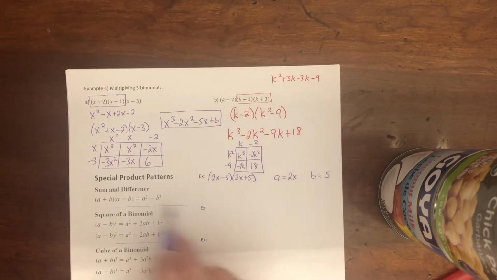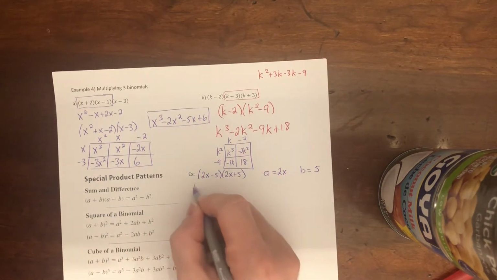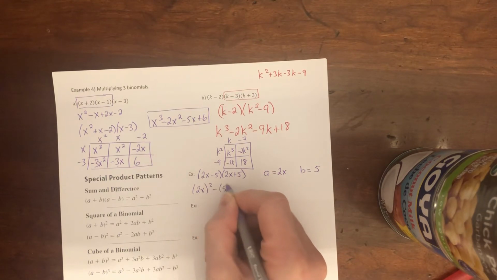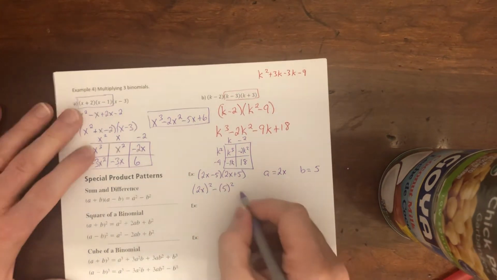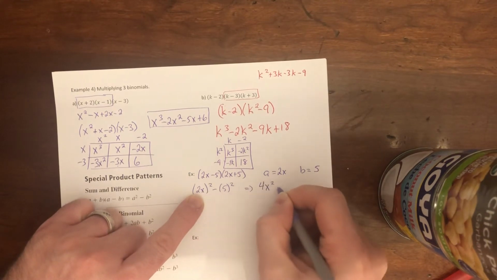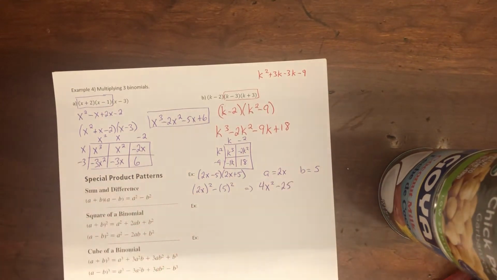All you do is follow this pattern at the end. So you would say 2x squared minus 5 squared, which would give you 4x squared minus 25. You would get the same thing if you did FOIL these out, or distribute these.